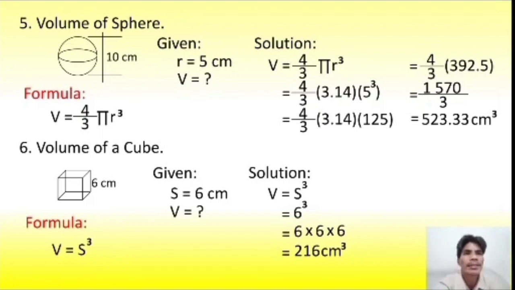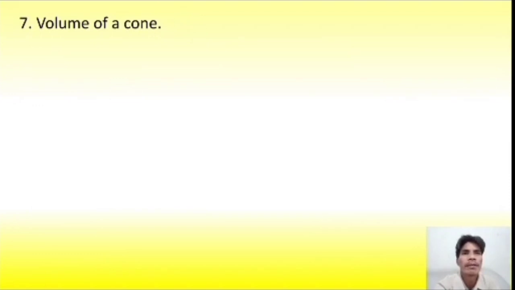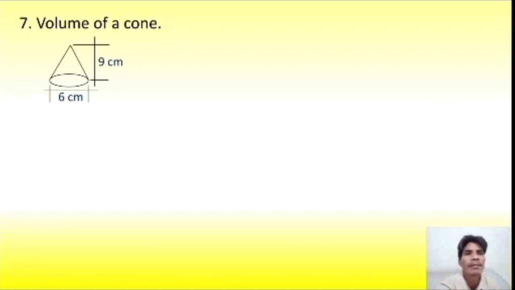So next, we have volume of a cone. Example, the diameter of a cone is 6 cm and the height is 9 cm. In formula, we have V equals pi r squared height, or V equals pi times r squared times height.